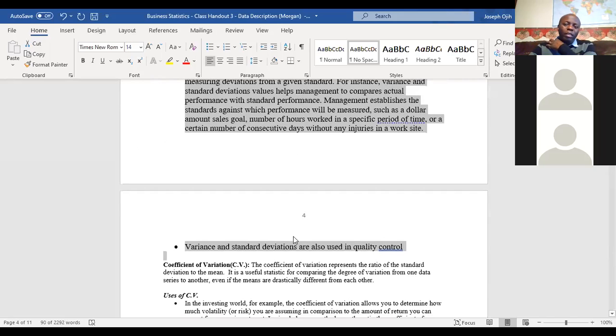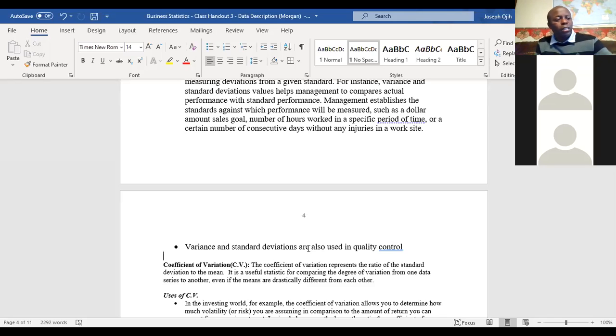Let me narrow it down to something like quality. You're making a product, let's say a soda. There's a quality standard you have to meet. You say the taste should measure within a certain range, or maybe the sugar content should be a certain level.